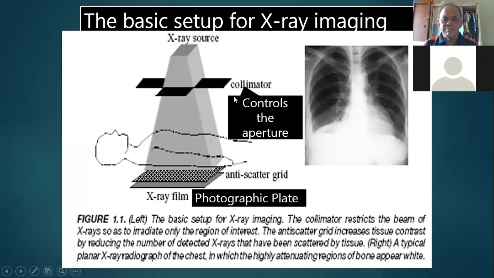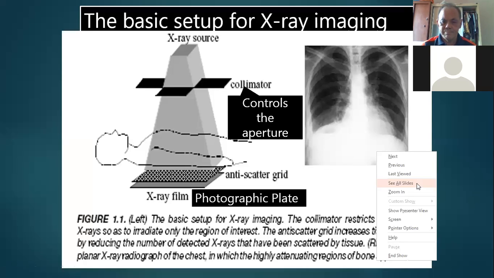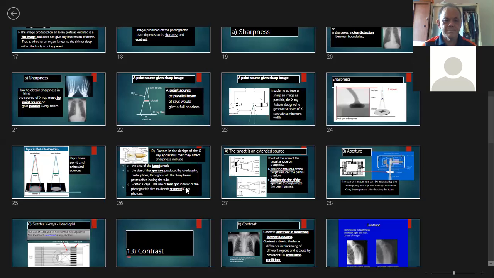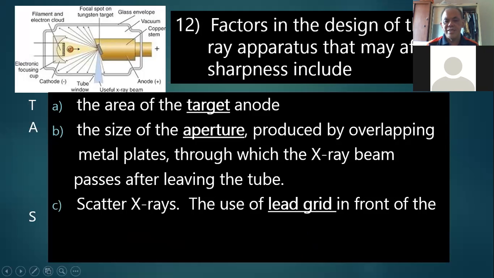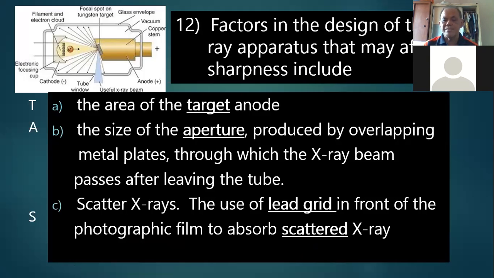It is made of metal and can slide in and slide out, either way, to make the aperture smaller. S stands for scatter, X-ray scatter. For this we can use a lead grid in front of the film to absorb the scattered X-ray. We look into that in more detail.